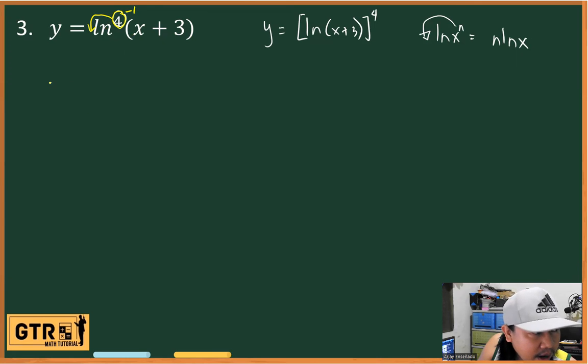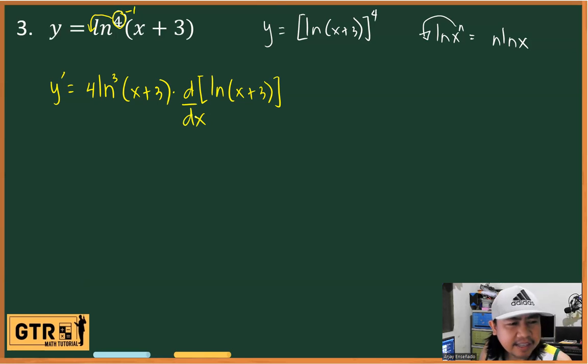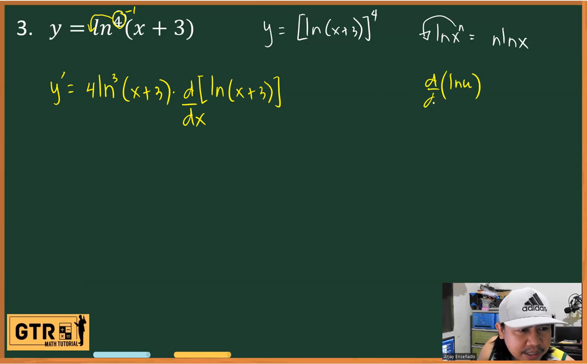So we have y prime is equal to 4 ln cube of x plus 3 times the derivative of ln of x plus 3 with respect to x. That is the chain rule. The formula for the derivative of ln u is equal to 1 over u times the derivative of u with respect to x.